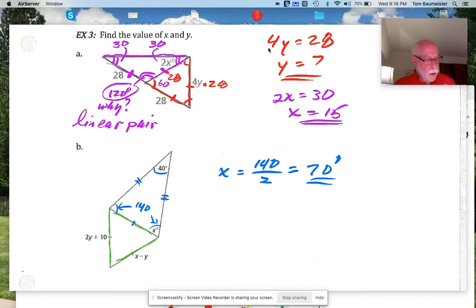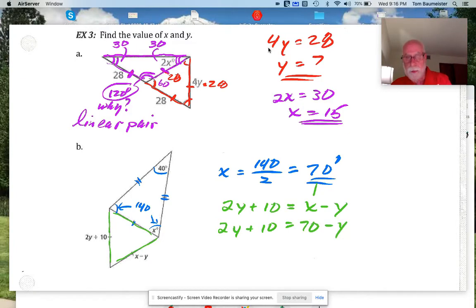So we can say that 2y plus 10 is equal to x minus y. Okay? Now remember, this time I had to solve for x first because I have to use it in the second equation. So from above, we know that 2y plus 10 is equal to, well, our x is equal to 70 minus y. Now I just have to solve for y.